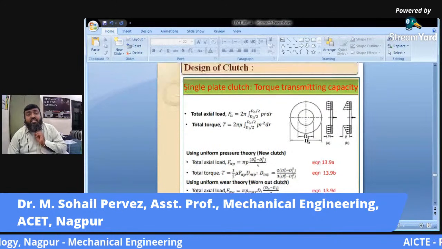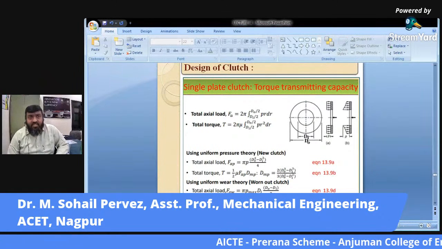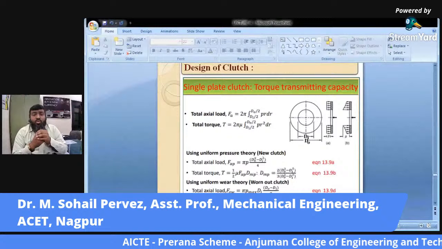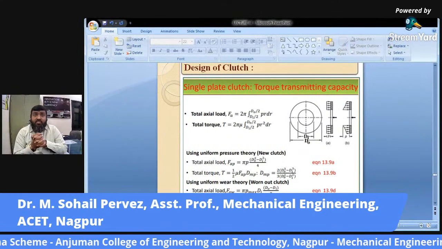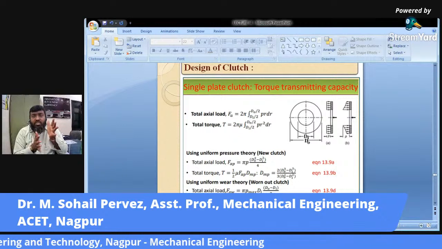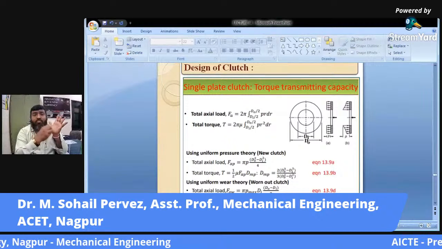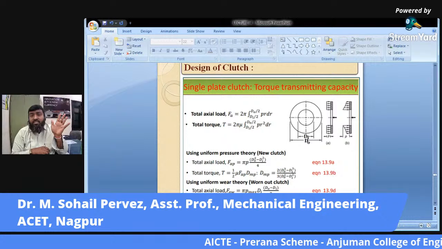But generally these surfaces get torn off, they wear off. So the next theory that comes into the picture is uniform wear theory. Now due to friction and heat, the surfaces may get torn off from different parts of that particular surface.